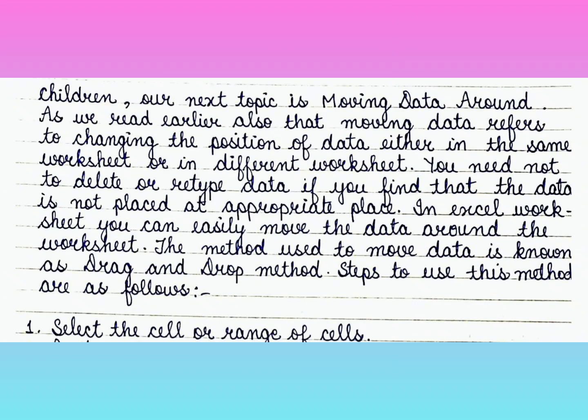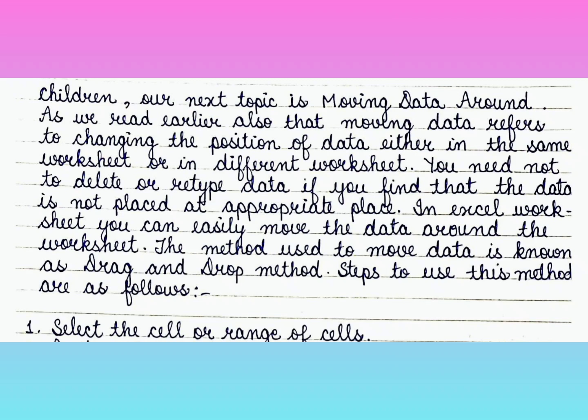Children, our next topic is moving data around. As we read earlier, moving data refers to changing the position of data either in the same worksheet or in different worksheet.